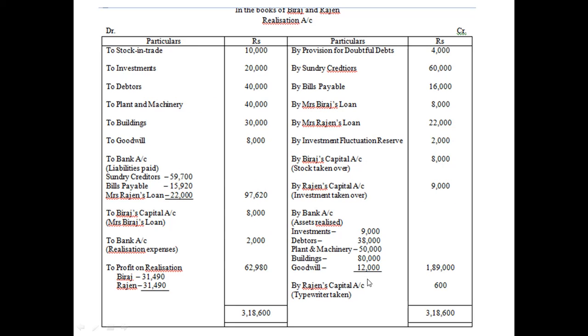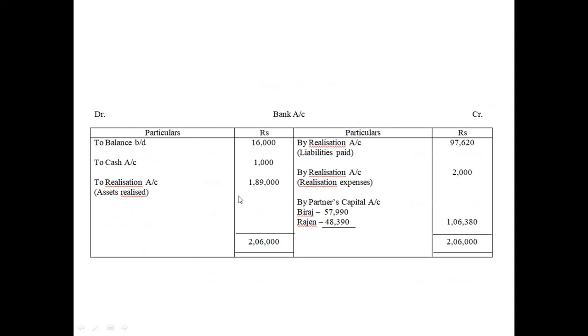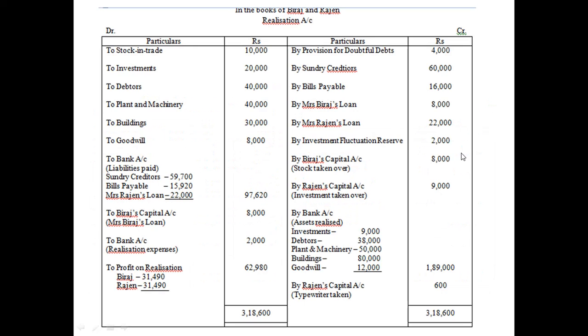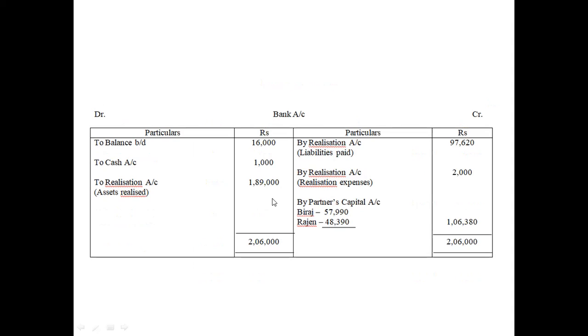Then we have the assets realized of rupees 1,89,000. So you can simply put the amount here, 1,89,000 rupees. After that, we have the payment to liabilities, which we have already seen here in this section, 97,620. And again, we have the realization expenses of rupees 2,000.